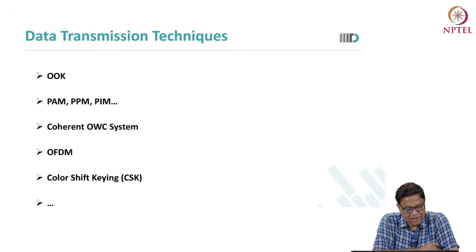And also, if you want to increase the overall length or distance of communication, then we might have to use coherent optical wireless communication system, which will give you some advantage over the conventional system. And if you want to further increase the data rate, then use of OFDM, that is orthogonal frequency division multiplexing, and also to exploit different colors in the light, white light, one can use a new type of modulation technique which is called color shift keying, CSK.